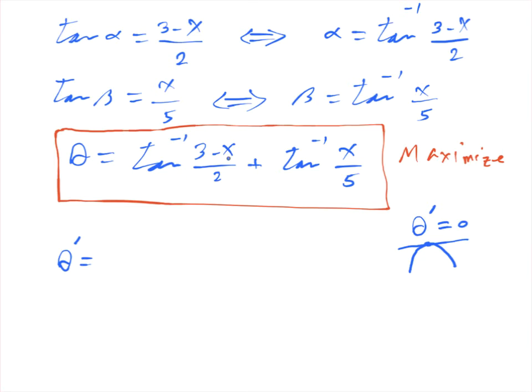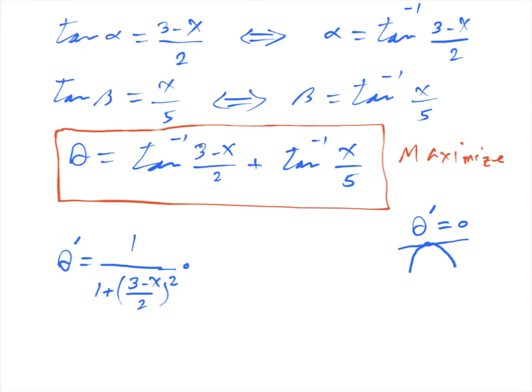I hope you remember the formula for the derivative of arctangent and also the chain rule. The derivative of arctangent is 1 over 1 plus the square of its argument. But not just that, because there is also a chain rule that says you have to multiply by the derivative of the inside, the derivative of (3 minus x) over 2.